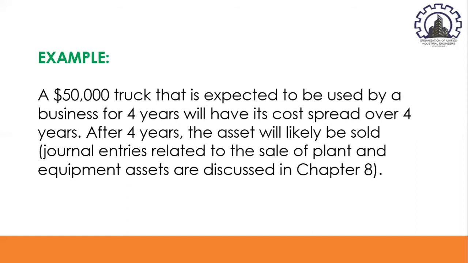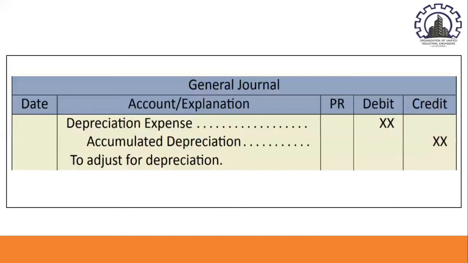So the adjusting journal entry based on our example to record depreciation will be this one. Subtracting the accumulated depreciation account balance from the plant and equipment asset account balance equals the carrying amount or net book value of the plant and equipment asset that is reported on the balance sheet.